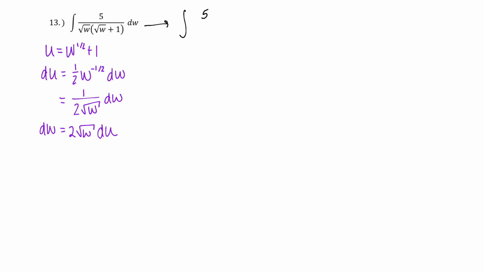So I have this 5 up here, I have this square root w, and now I have a u times 2 square root w du, and this square root w and this square root w will cancel. So I have 5 times 2 is 10. I'll just put him out front. 10, 1 over u du.